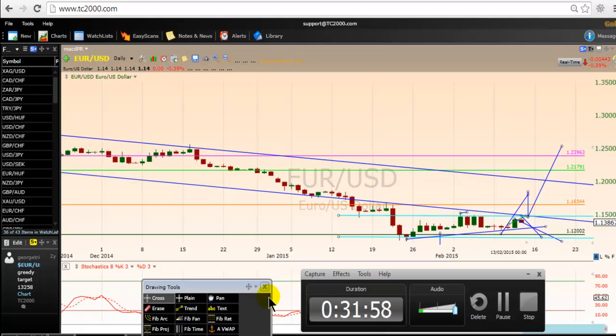For instance, if the pound dollar gives you a sell signal, but the euro USD gives you a bullish signal, you want to be very careful because these two currency pairs normally will go in the same direction. So this is about Forex trading euro dollar 2015.